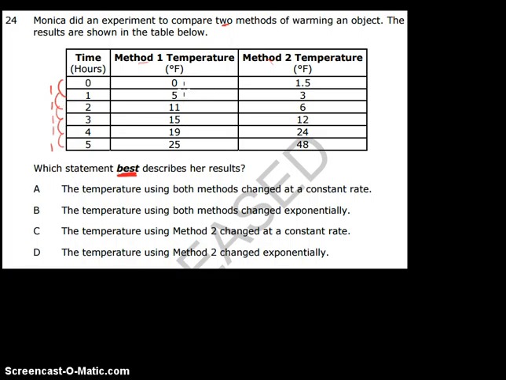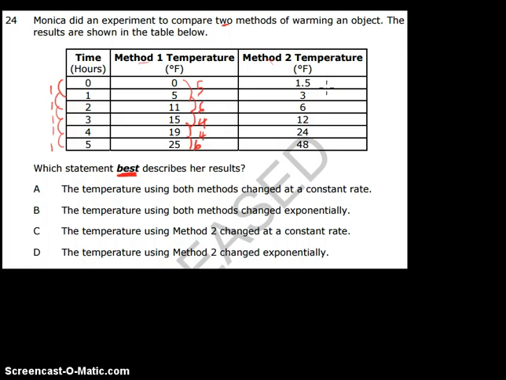But when it comes to temperature, let's say the first one, it's increasing from 0 to 5 by 5, from 5 to 11 by 6, from 11 to 15 by 4, from 15 to 19 by 4, and from 19 to 25 by 6. So as you can see, there is a certain discrepancy in this case: 5, 6, 4, 4. So it doesn't look like it is gonna be a linear one based on this.